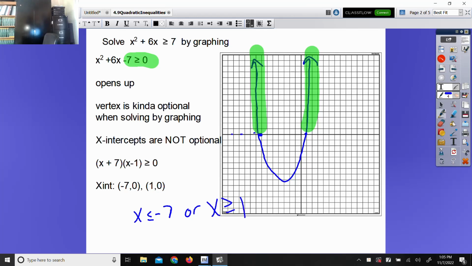And again, reason 6,537, you need algebra 2, interval form. Negative infinity, parenthesis, negative 7 bracket, union with bracket 1, infinity.